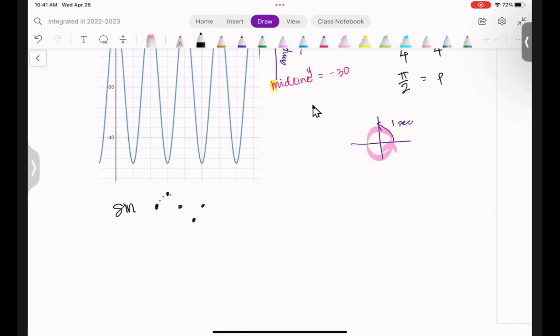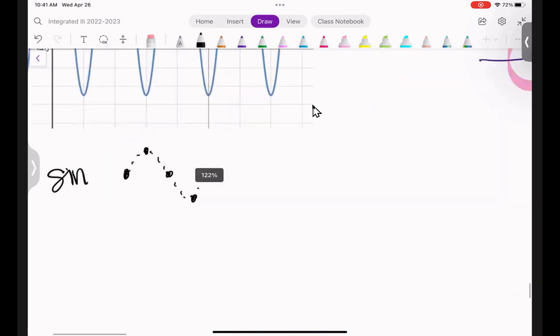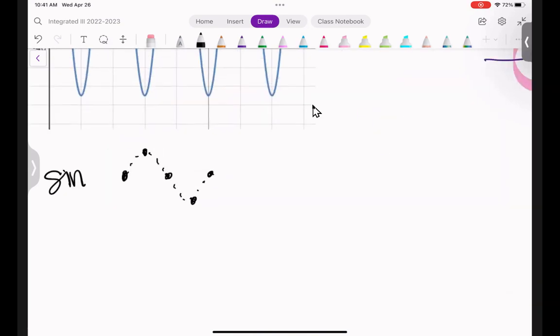That's what I see. I don't look at the whole thing, because that whole graph is confusing. So I just look at one cycle. Sine of X looks like an S. Everybody okay with that? Versus cosine starts at the highest, goes to the middle, goes to the bottom, goes to the middle, goes to the bottom.